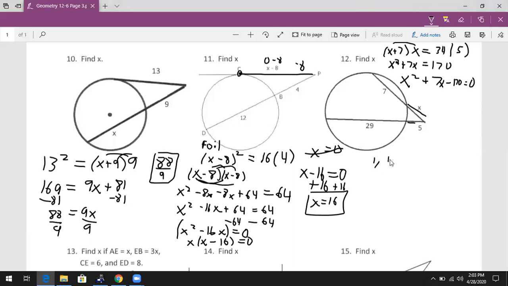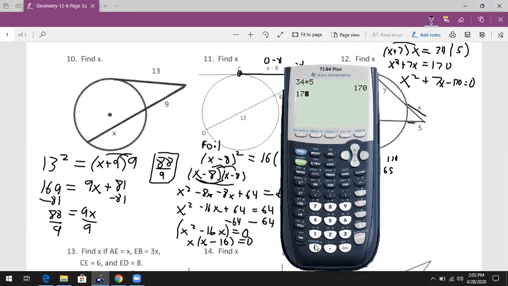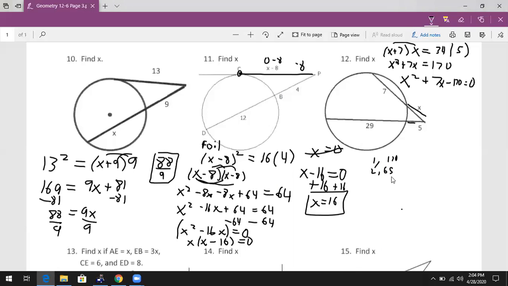That's 1 and 170, 2 and 85. Really, they just need to be 7 apart. Then when it comes down to it, it's 10 and 17.